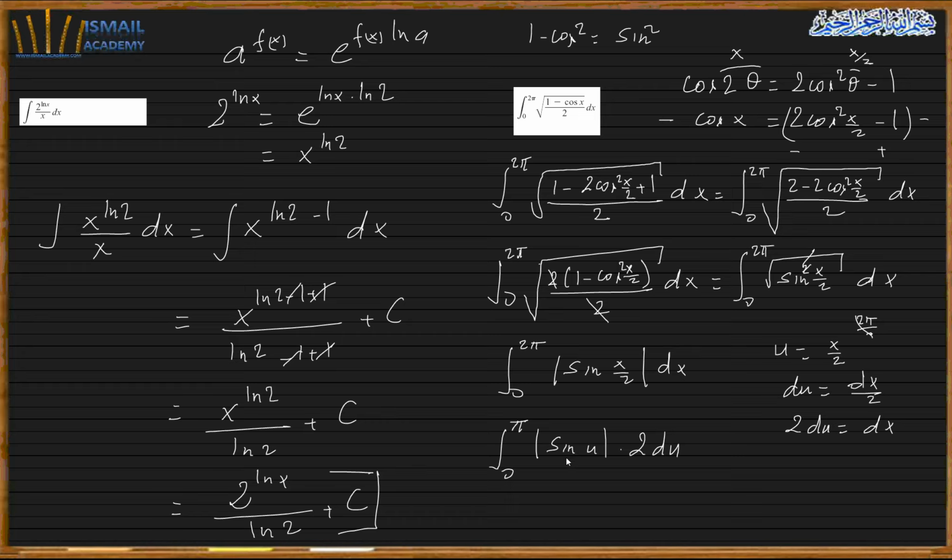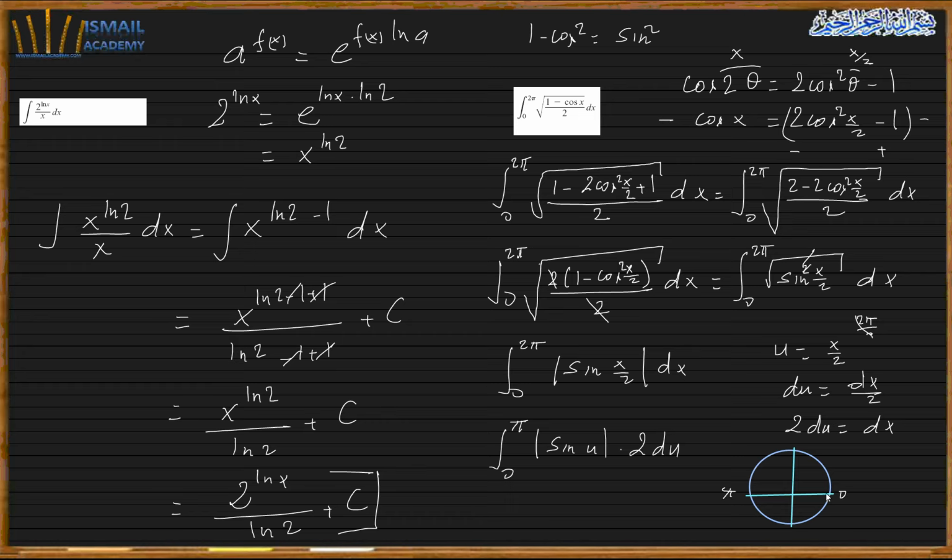We know that sine on the first and second quadrant is always positive. That means between 0 and pi, the sine is always positive. So this is the sine, and this is the cosine, and here is your pi, this is 0.